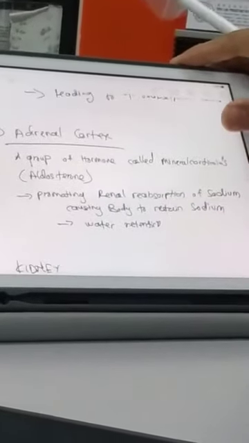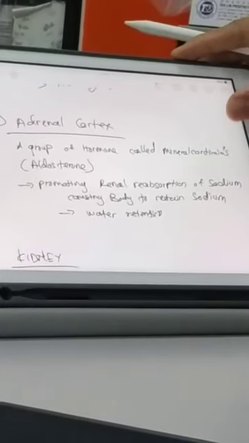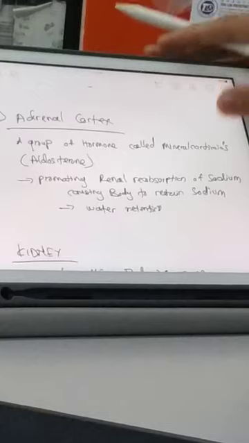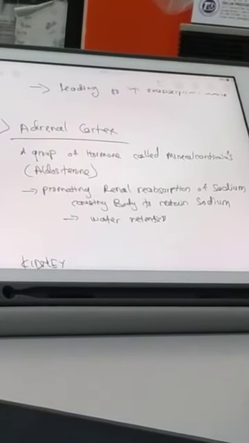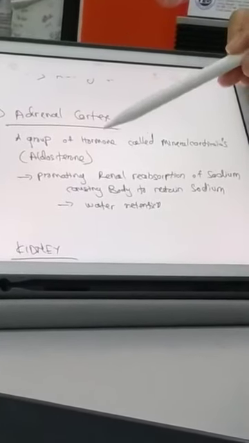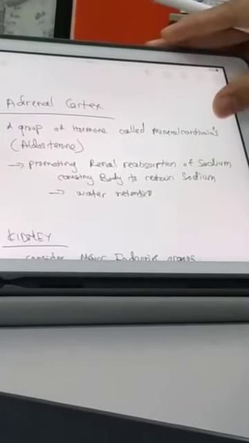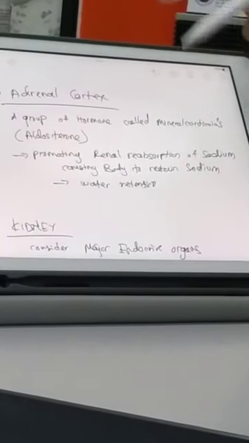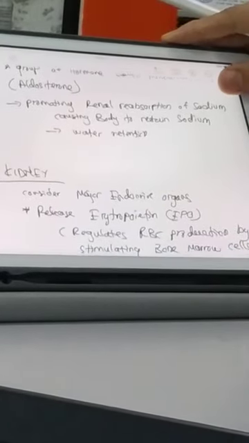For the adrenal cortex, there is a group of hormones called mineralocorticoids, also important in maintaining homeostasis of the fluid in our body during the exercise. The aldosterone promotes renal absorption of sodium, causing the body to retain sodium. This also will cause water retention.